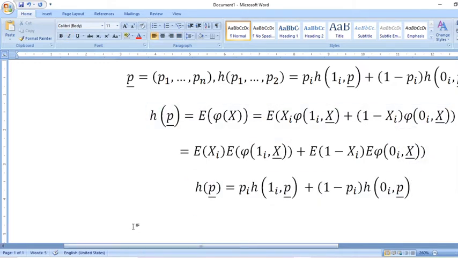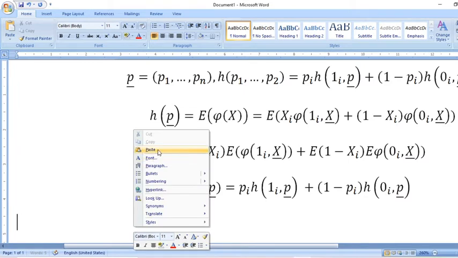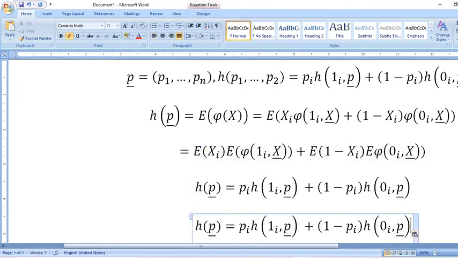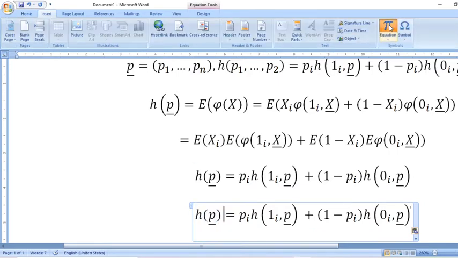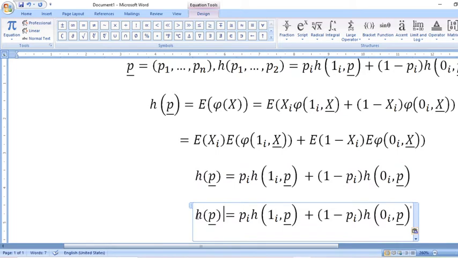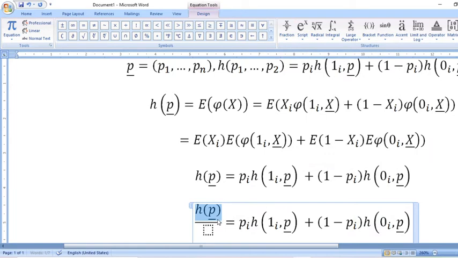If the first derivative is 0, the slope is parallel to the x-axis. So let us take the partial derivative of the function h of p.